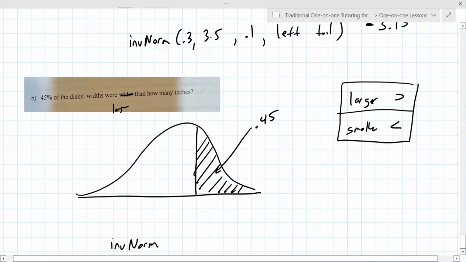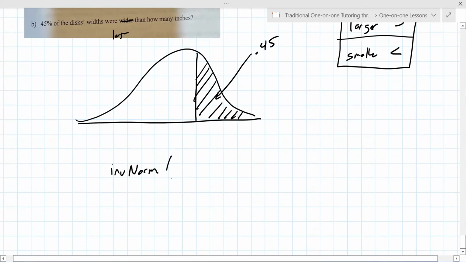Okay. Now, in terms of how you do the calculation, you can still use the 0.45. Your mean is 3.5, your standard deviation is 0.1, but this time you need to indicate that it's right tail.